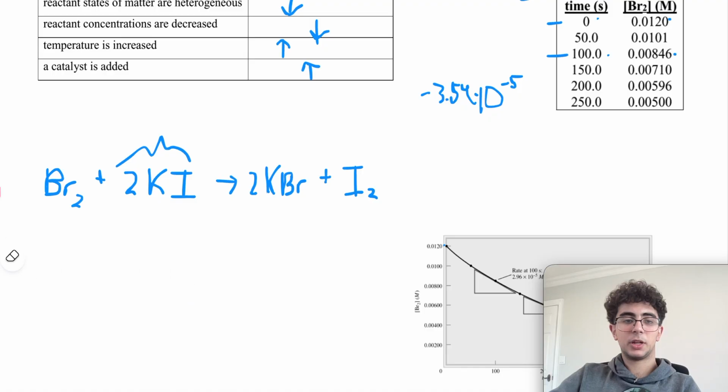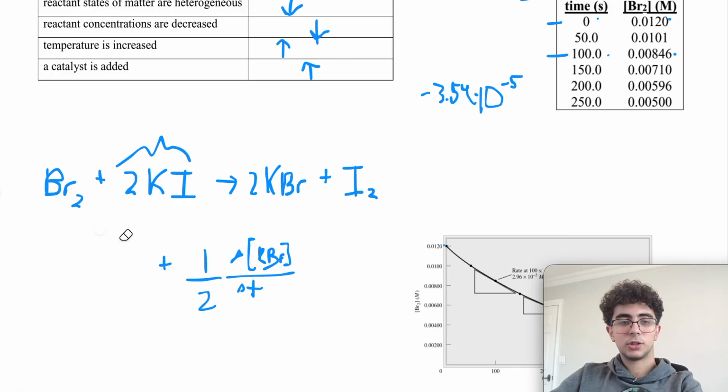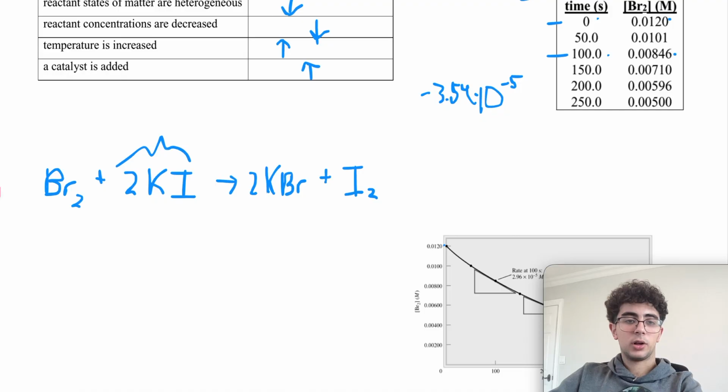So for clarity, this one right here would be delta KBr over delta t, again divided by 2 because that's its coefficient, and with a positive sign because it's a product getting formed. So they could also ask, the rate of formation of KBr is 0.04 molarity per second.